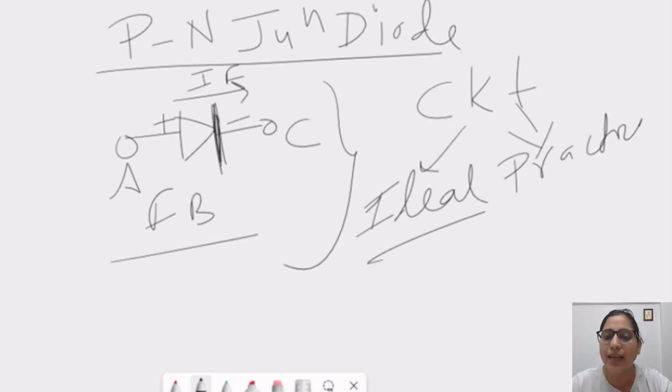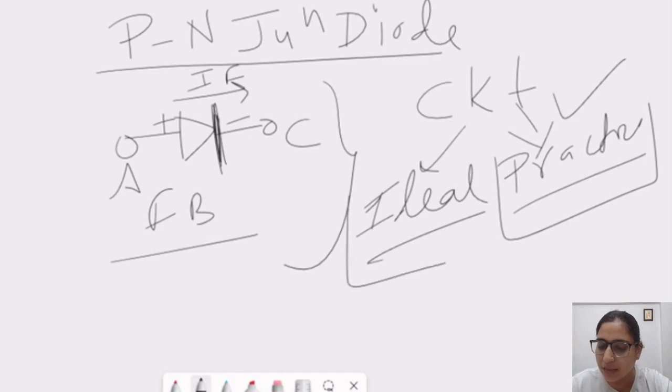We consider that this circuit is ideal, and we solve it to create a reference level. A practical circuit is one which we perform in our electronics labs. Practical circuits are realistic. Ideal circuits are not realistic, but we need ideal circuits.